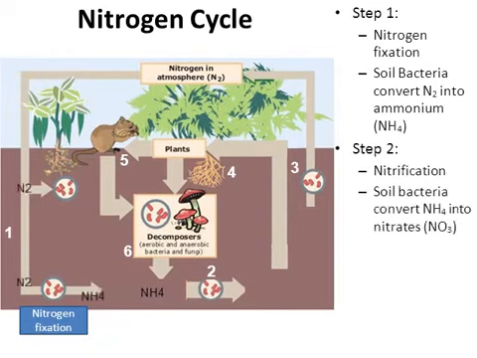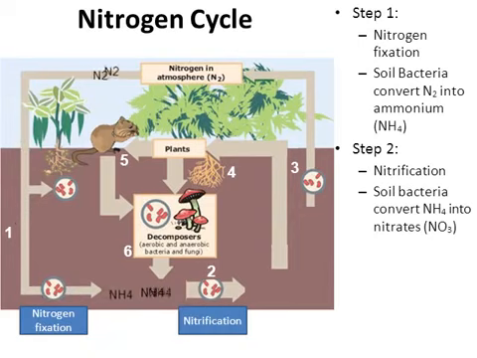But then next comes step number 2, which is a process called nitrification. Similar in name, however, there's a bit of a difference. Nitrification still uses soil bacteria. Notice in area 2 of the animation, NH4, which is the ammonium, is going to be converted into NO3, which are nitrates.